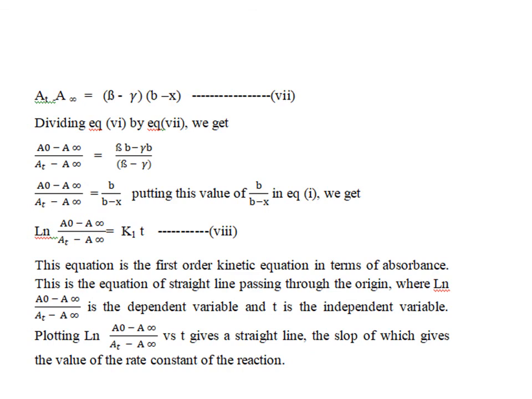Plotting log of (A_0 minus A_infinity) over (A_t minus A_infinity) versus t will give a straight line passing through the origin, and the slope of which gives the value of the rate constant for the reaction. That is, the slope of this equation will give you the rate constant of the reaction.